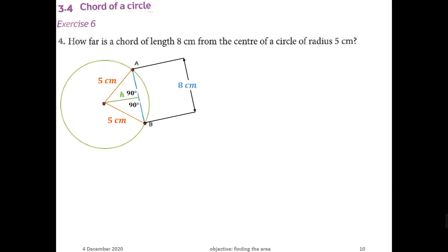So this angle is 90 as well as this angle. And this line we draw from the center down to chord AB is going to bisect it into 2 equal pieces. So if it is 8 centimeters long, it's going to be 4 and 4.